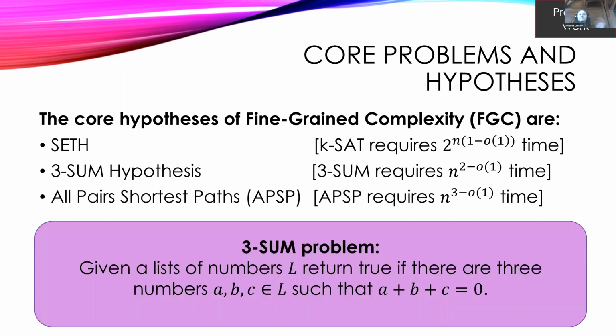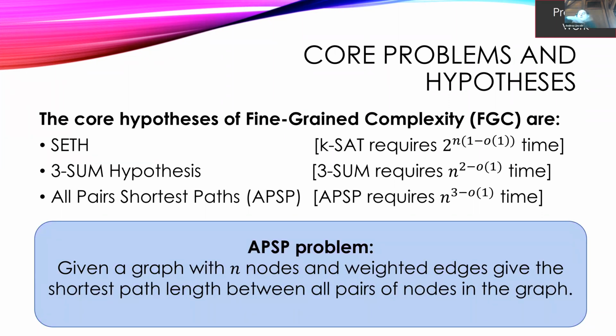Right, so the three-sum problem, you're given a list of n numbers, and you want to find 3 of those numbers that sum to 0. And the three-sum hypothesis is that this requires n^(2-o(1)) time. Once again, the o(1) meaning you're shrinking in terms of n. The all-pairs shortest paths problem, you're given n nodes and weighted edges, and we want to give the shortest path between all pairs of these nodes.